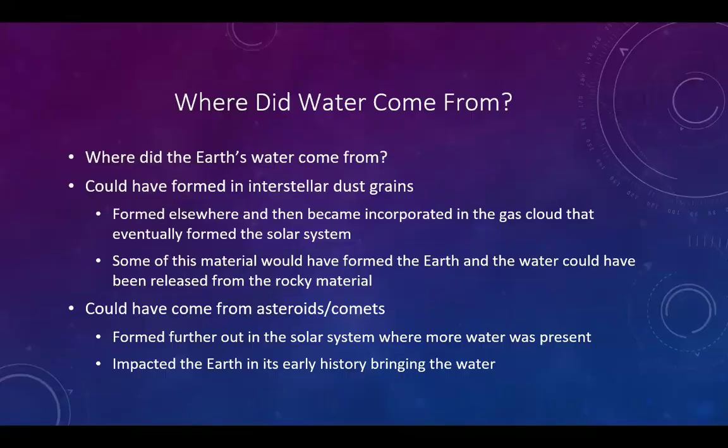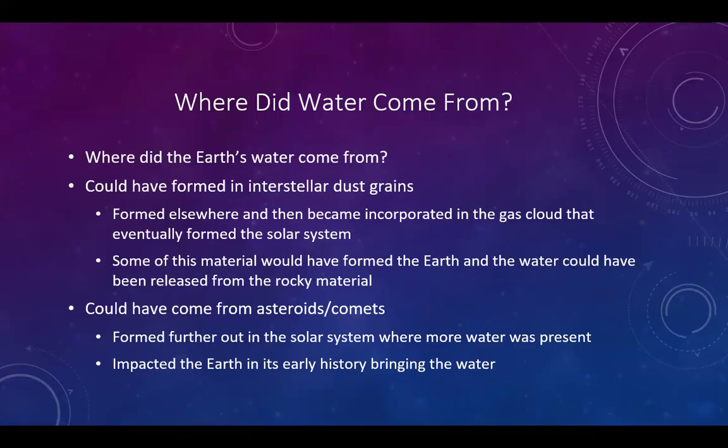So water is actually pretty common. Where did the Earth's water come from? Well, it could have formed in interstellar dust grains. We see that the water could have formed elsewhere and then become incorporated in the gas cloud that eventually formed the solar system. Some of this material would have formed the Earth, and the water would have been released from the rocky material.